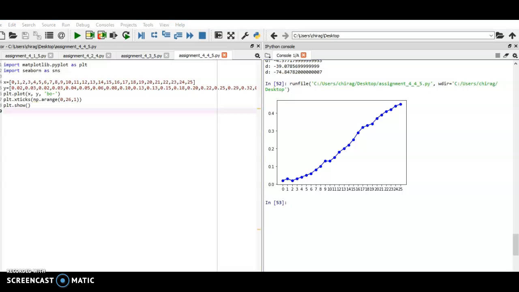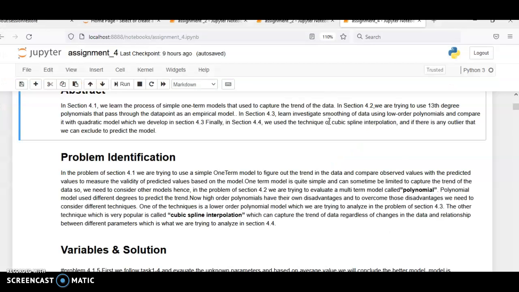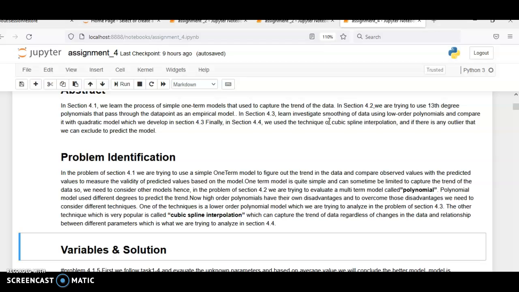Now we will move on to the document that I am going to use to explain the 4 problems. In the problem identification, we are just providing which problem is related to which model, how to solve it, and what we learn in this section. The next is variable and solution.